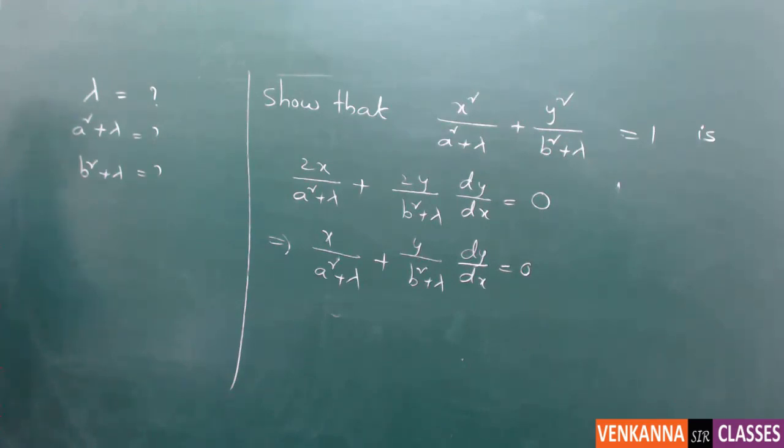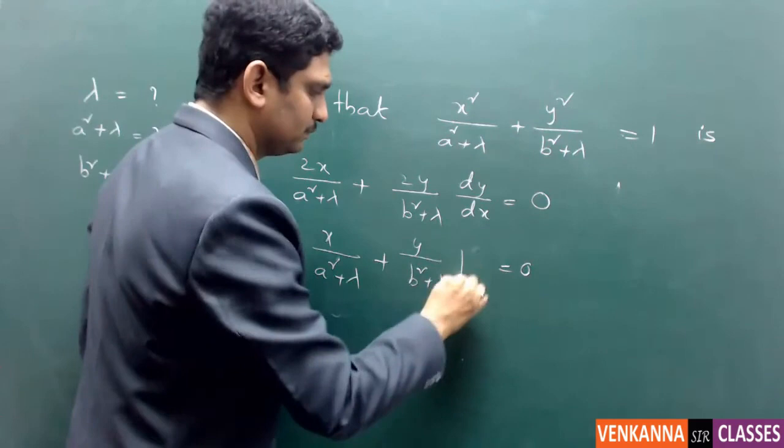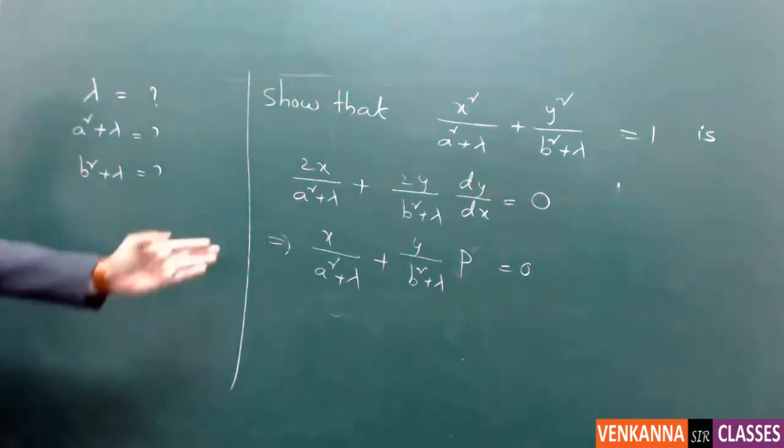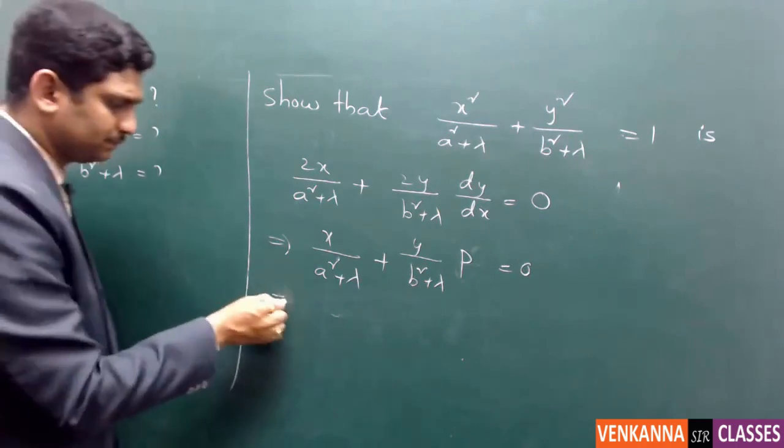Right. Another thing is, for writing convenience, I am going to represent dy by dx with a symbol p for our convenience. So here, let us do the cross multiplication first.